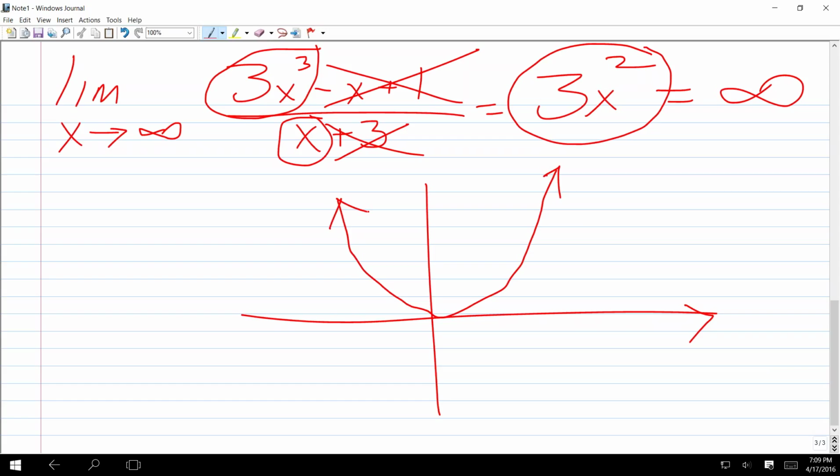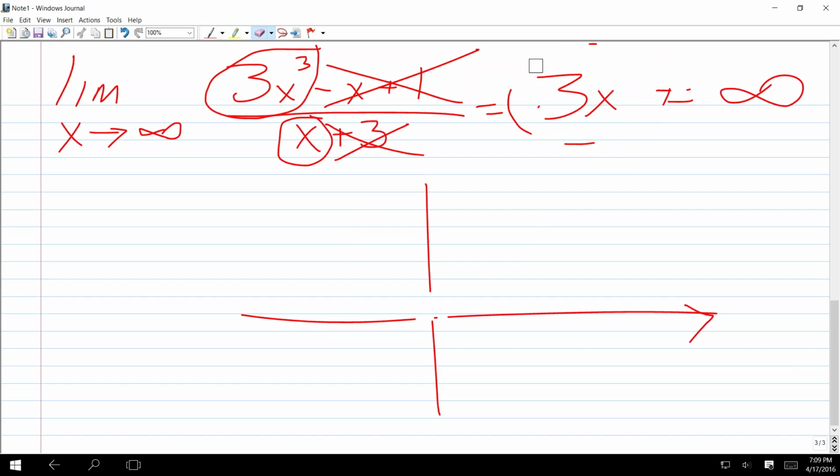Okay. But if I'm looking at a function that is, say, x cubed, I'm not used to this eraser. If I'm looking at x cubed and I want to know what its limit is, well, x cubed kind of looks like this.